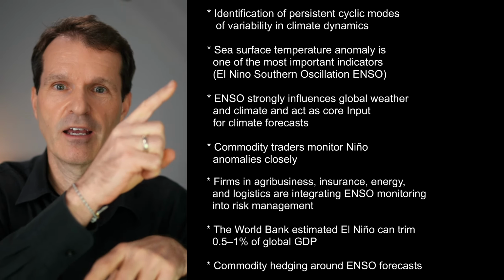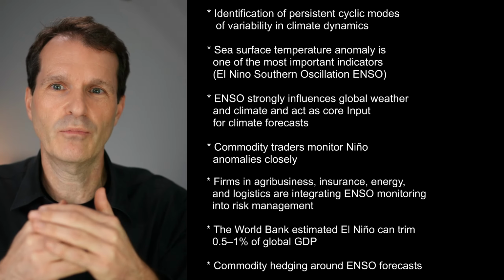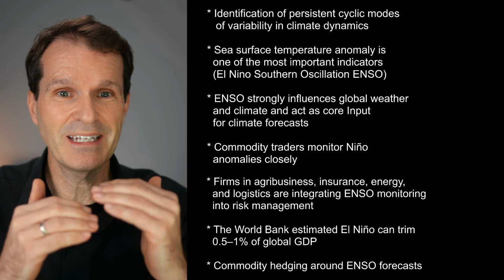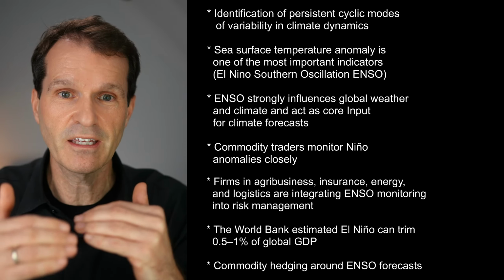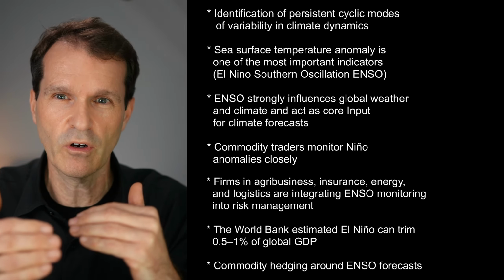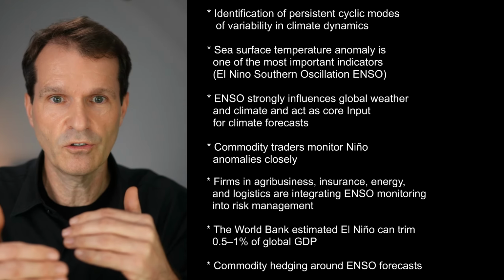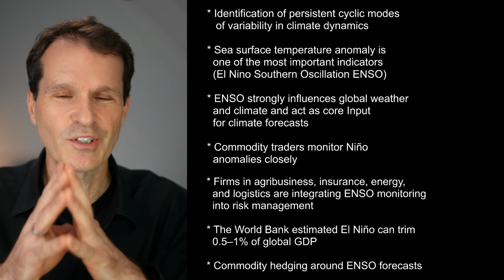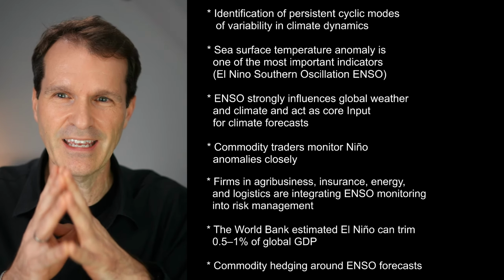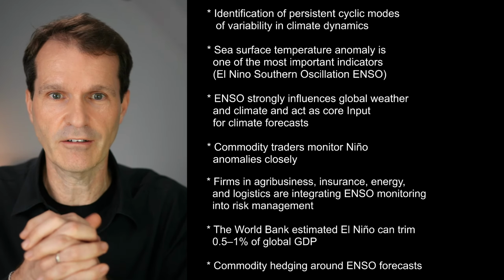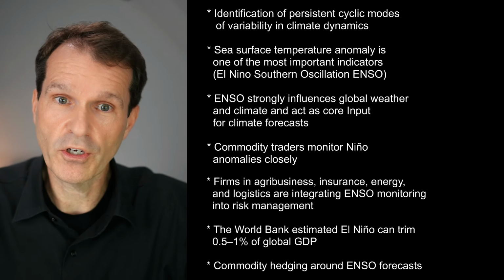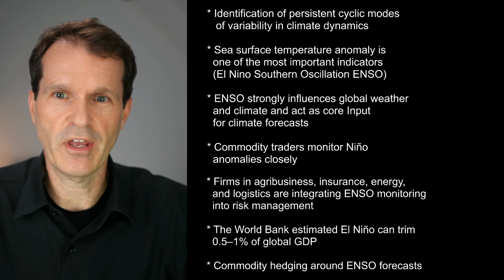By doing that, we will use the sea surface temperature anomaly, which is one of the most important indicators in deriving effects, impacts, forecasts in terms of global weather events. So the El Nino Southern Oscillation, also called the ENSO indicator, is one of the most important monitored time series out there.